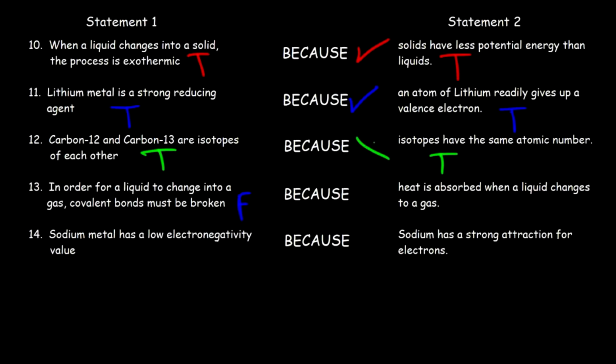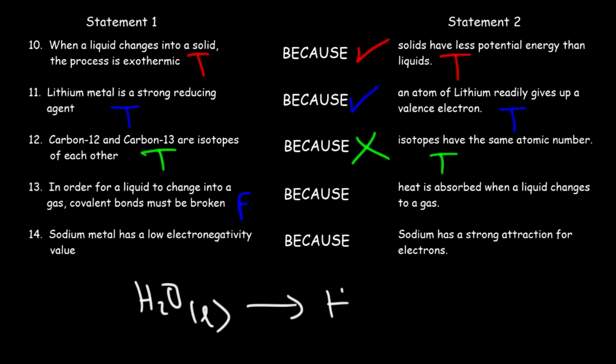One thing I forgot to do is put an X for number 12. Statement 2 does not support statement 1. So I want to make sure I write that there. Now, going back to number 13, statement 2. Heat is absorbed when a liquid changes to a gas. Is that true or false? So let's say if we have liquid water.